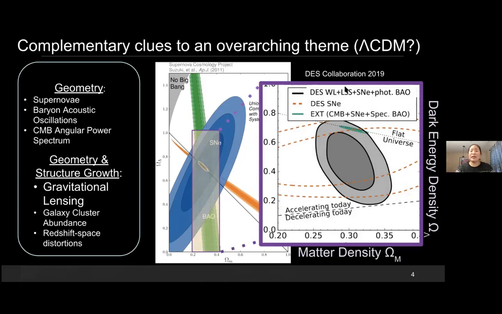And that is all coming from within a single photometric survey, DES. And those measurements are shown as these gray contours here. And just to point out that this is now a very small subset of this plot from 10 years ago. And so we're kind of starting to narrow in on these parameters.